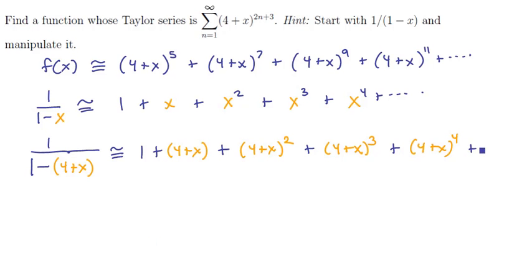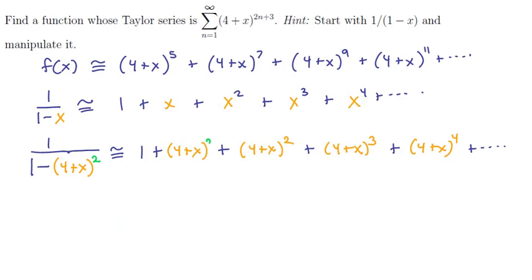Now notice that in this series, the powers are going up by 1 each time as opposed to going up by 2's. Now there is a useful way of making powers go up by 2's or 3's or whatever, and that's to take whatever you had and replace it by a power. So instead of using 4 + x, let's replace everything in here by (4 + x) squared.